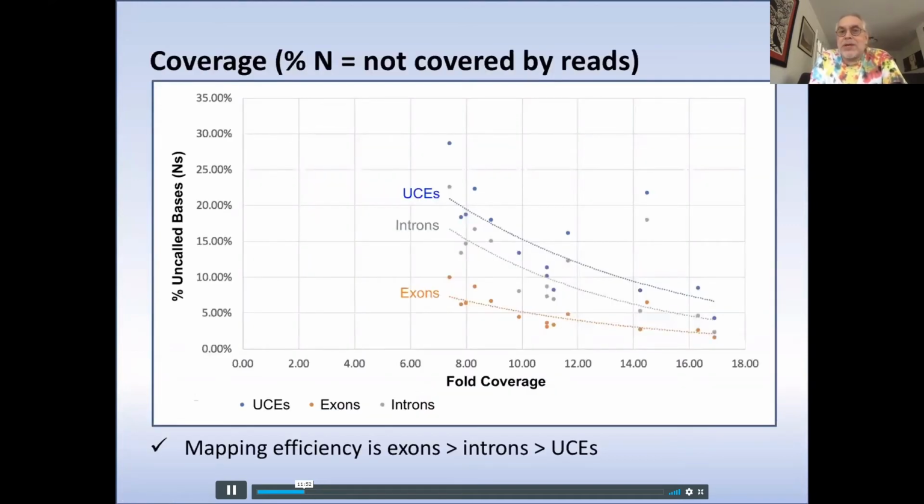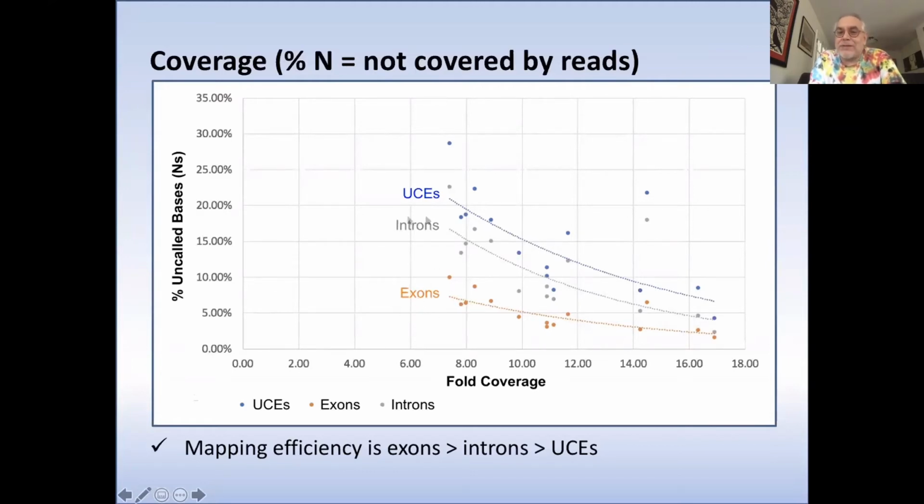What I'm showing here is the coverage, in other words, the percent ends, the parts not covered by reads. What you can see is the exons, i.e. the Prum et al. data set, are recovered best, followed by introns, followed by UCEs.